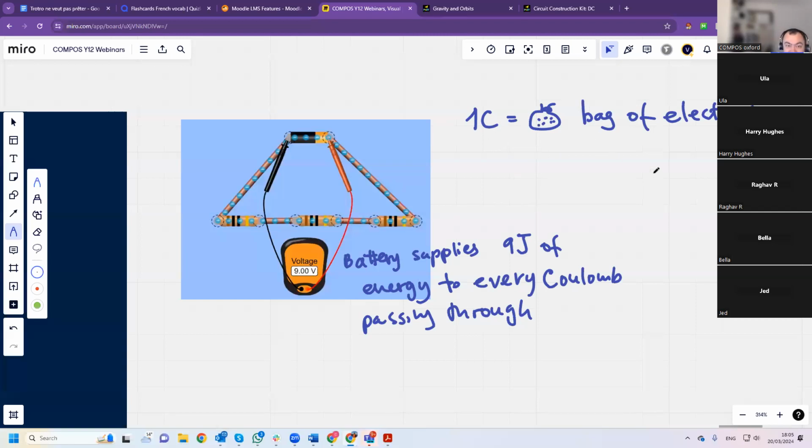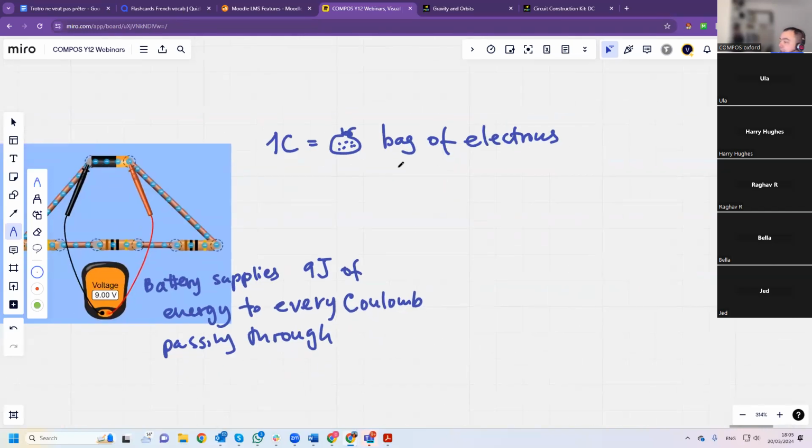How many electrons in that bag? Does anyone know how many electrons in a coulomb? Or at least how can you calculate how many electrons in a coulomb? Can people hear me, by the way? 6.25 times 10 to the 18.